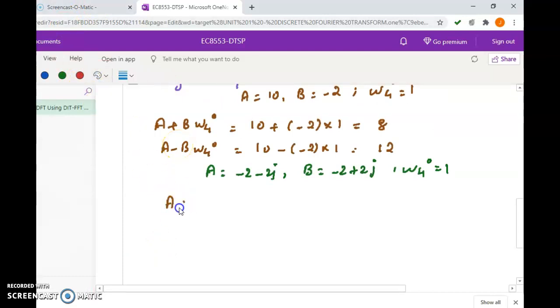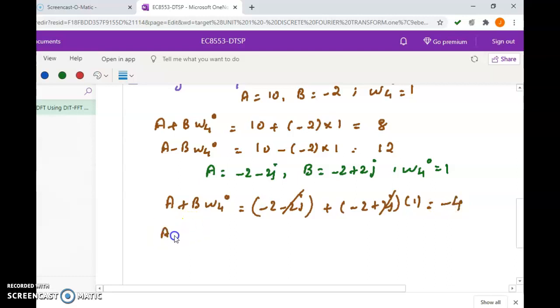So here A plus B W40 is equal to, here A is -2 minus 2j plus B is -2 plus 2j into 1. Okay, so in that equation here -2j plus 2j cancel, -2 plus -2 is -4. Next one is A minus B W40.